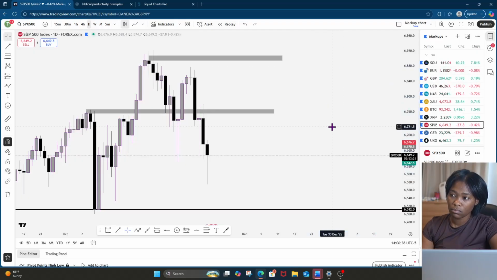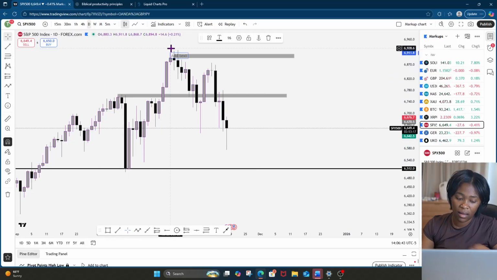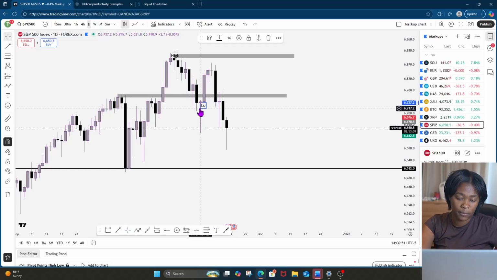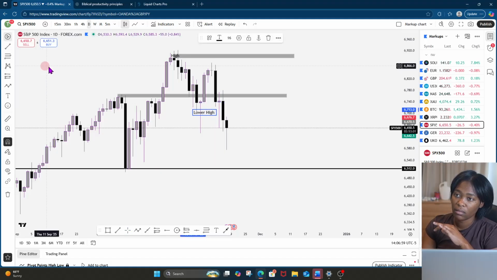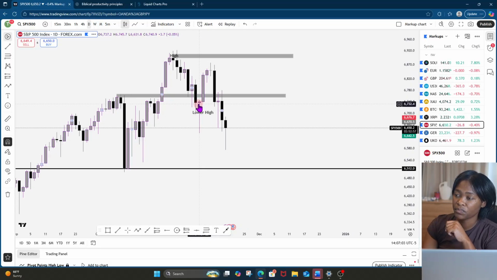So anyway, you have a high right here, and then you can see that a lower high was created right here.